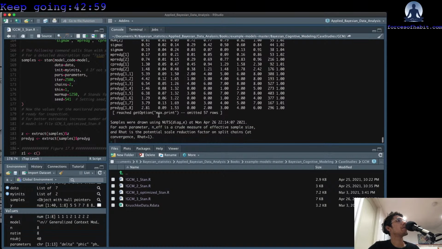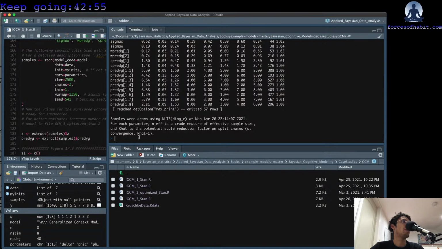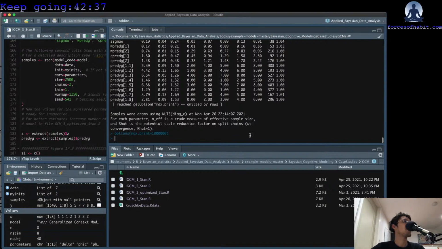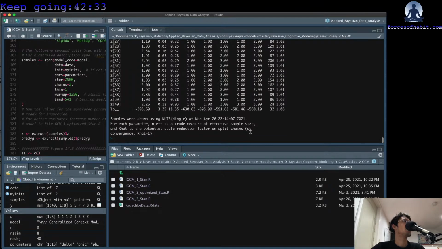Predictions for each subject for each item. And this is a pretty long list, it looks like. I'm just trying to see a little more here.